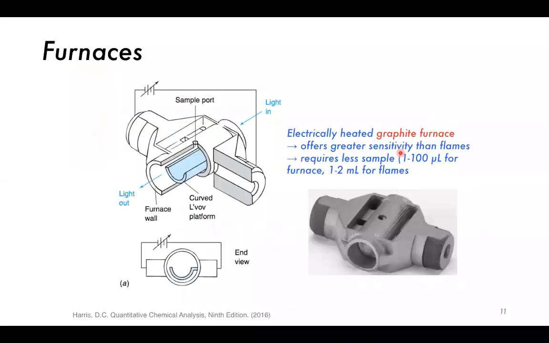Furnaces, because they're usually electrically heated by resistance, are easier to control the temperature of. They offer greater sensitivity than flames, and they require less sample. Maybe 1 to 100 microliters for a furnace, sometimes 1-2 milliliters, and maybe 30 milliliters for flames. You need a lot of sample for flame atomic spectroscopy.